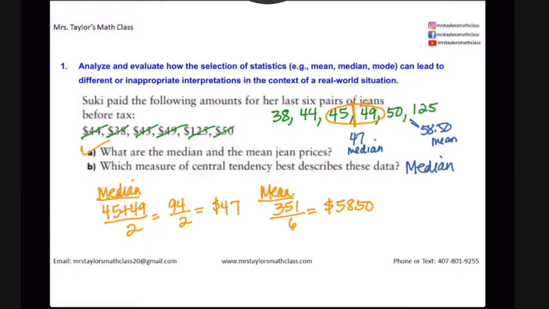Would you select the median? I would, because it represents most of the data. The mean is like way off, and of course it's off like that because we do have an outlier present, but that's not important for GK math, so don't worry about the outlier, okay? So anywho, let's keep going.